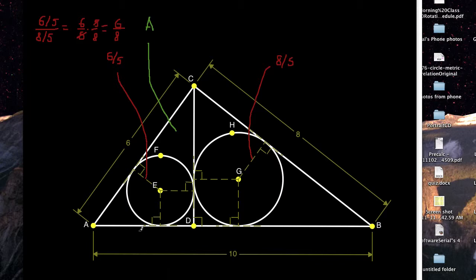I have this dimension right here is 3.6. I've computed this. This is 3.6. That's the length of this line right here. Not 36, but 3.6. And the length of this line right here turns out to be 4.8.